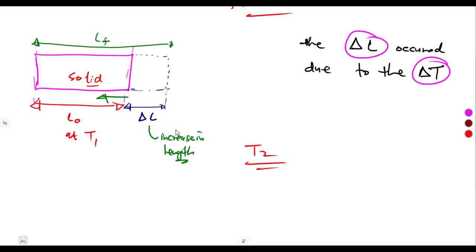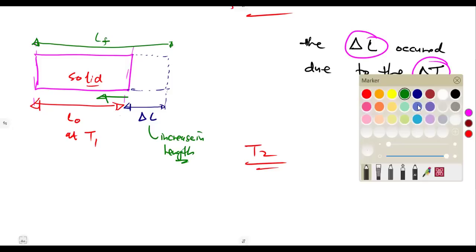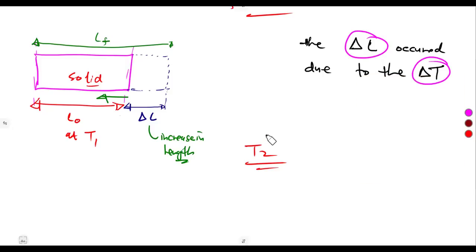So if we take this into consideration before we have our formulas, we are going to notice something. Original length is at the initial temperature, the original temperature, T1. The change in length is happening when there is a change in temperature.